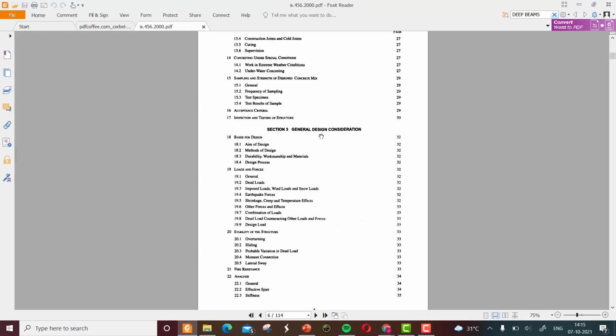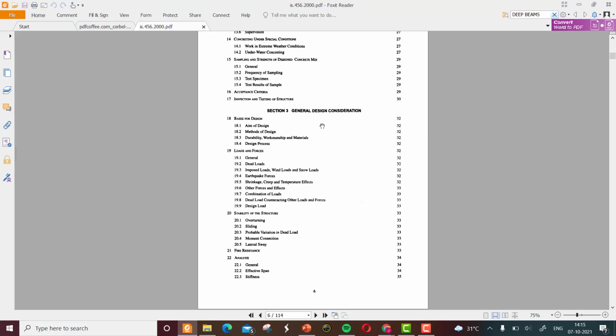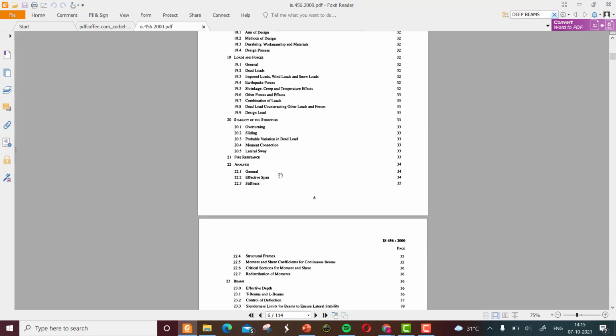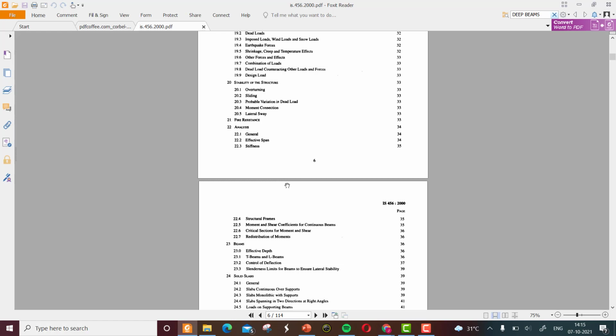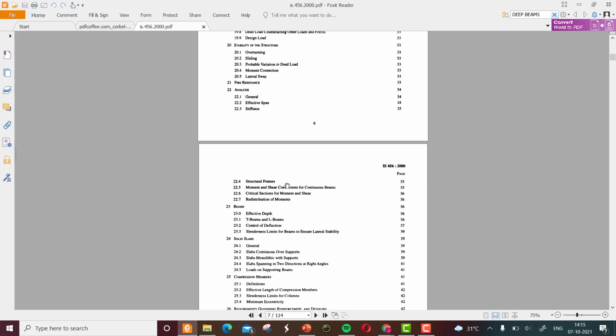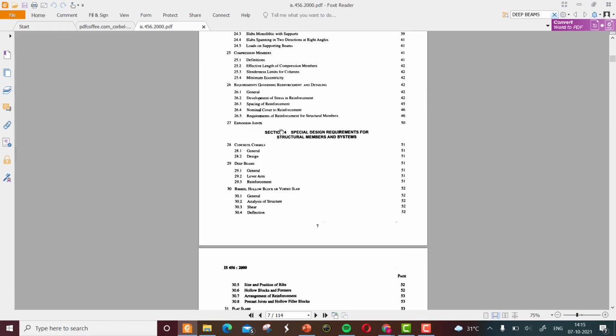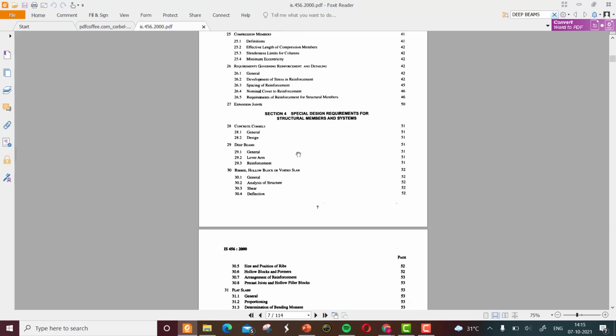Under this section, you studied the design of beams, columns, then the minimum cover for prevention from fire, and other basic structural elements. Section 4 is entirely devoted to the special design requirements for structural members and systems. So this will be our focus, especially in the first module.